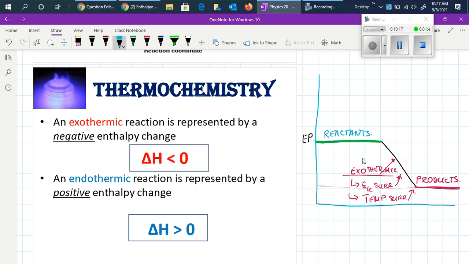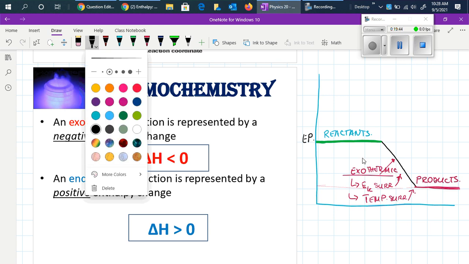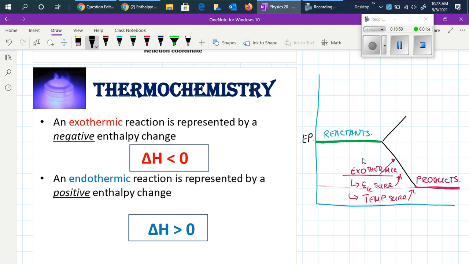The enthalpy of the product is greater than the enthalpy of the reactant. How does that look in your diagram? The products are absorbing heat from the surrounding, and then they are moving to the products.